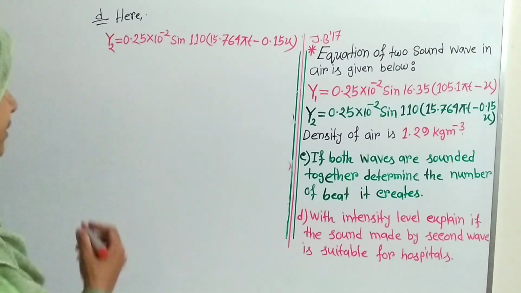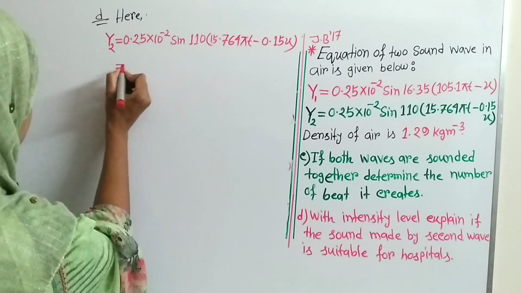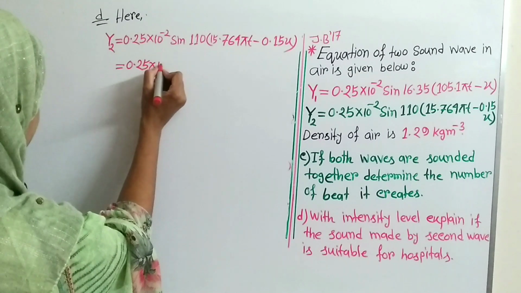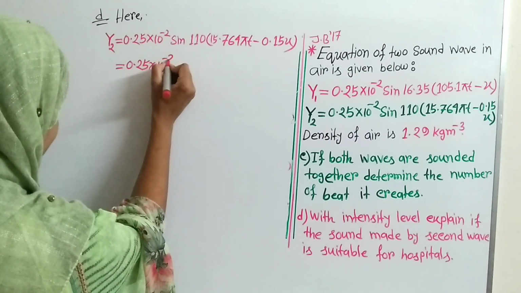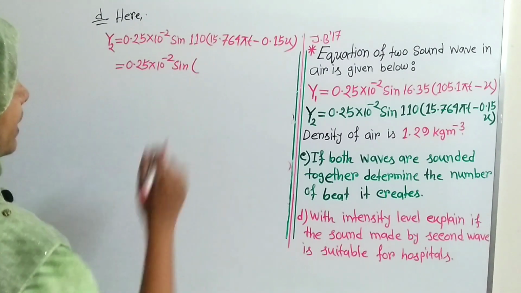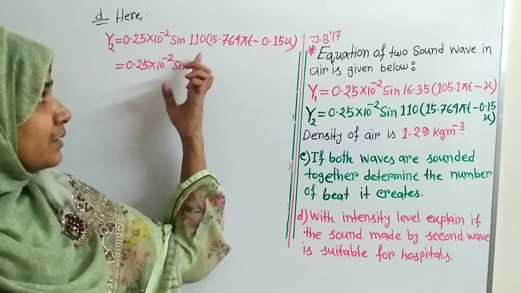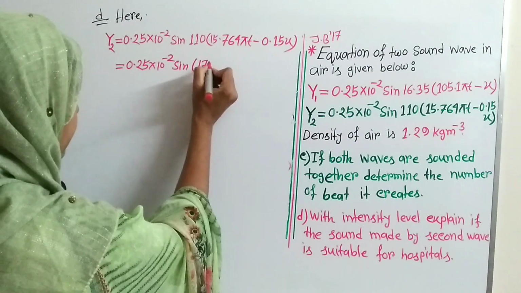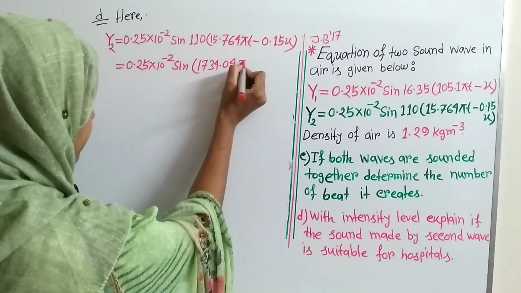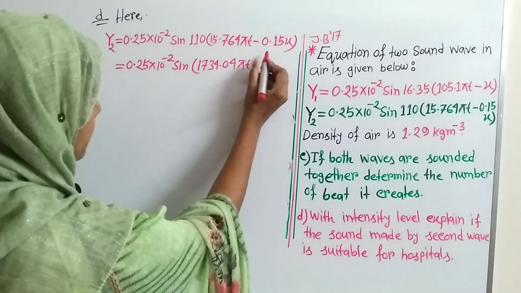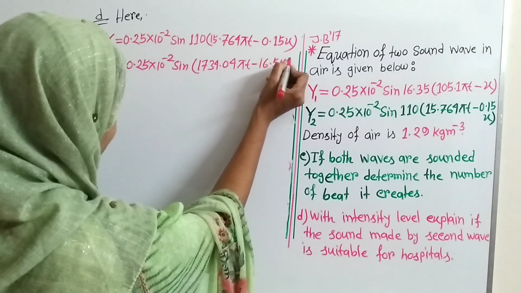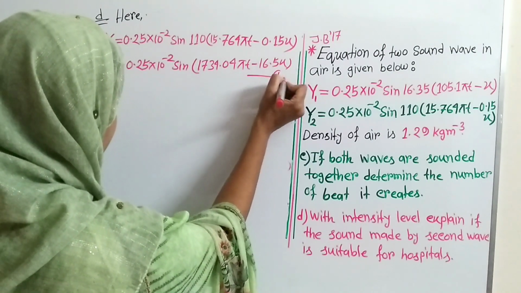Write that equation as 0.25 into 10 to the power minus 2 into sine. Now if you multiply 110 with these two quantities, then the result will be 34.04 pi t minus 16.5 x. This is equation 1.